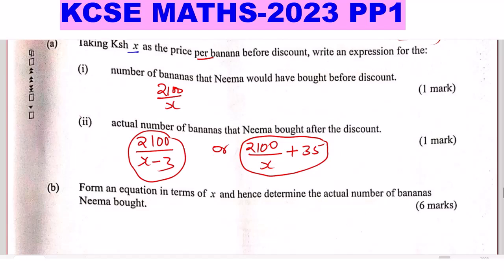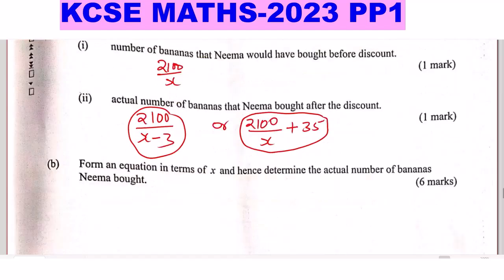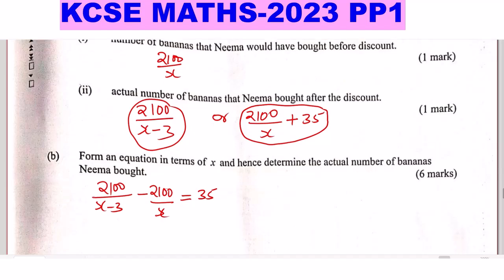So if we take the equation in part 2, because this is where she was able to buy more, you take the number of bananas that she was able to buy after the discount, which is 2,100 divided by X minus 3, and subtract the number of bananas that she was able to buy before the discount. That one should give 35, because after the discount she was able to buy 35 more. So that expression is what you're going to use to give you the actual number of bananas she was able to buy.